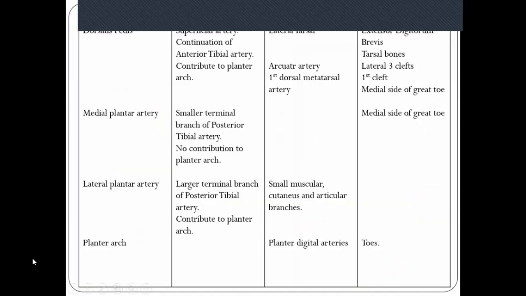The dorsalis pedis artery is the continuation of the anterior tibial artery. It's a superficial artery which begins in front of the ankle joint at the lower end of the tibia, midway between the lateral and medial malleolus.